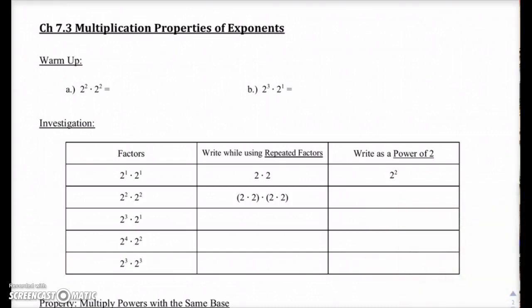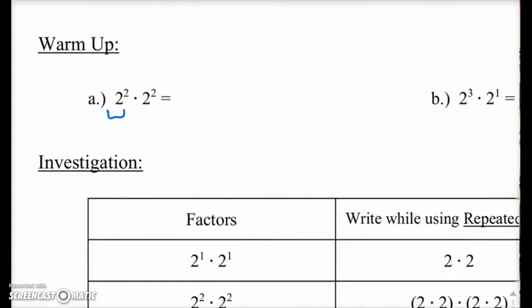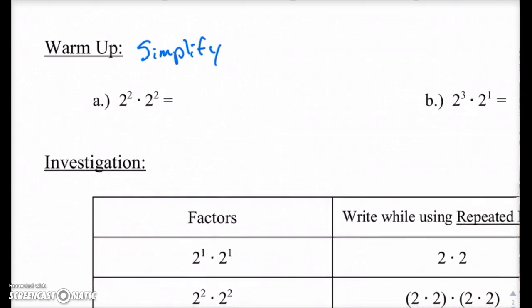Okay, so we're starting right here. I'll warm up. So we have 2 to the power of 2 times 2 to the power of 2, and our goal is to simplify these exponents. Whatever I write, please be sure to write it down as well.